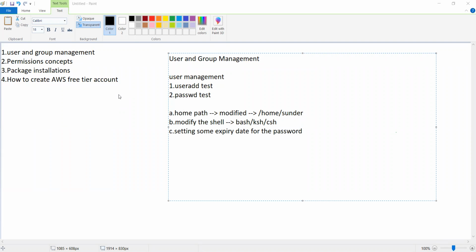Any other questions, guys, before I move forward? Sir, why are we using an expiry date for the password? In real-time environments, we have security policies, and that is the reason we keep some kind of policies.